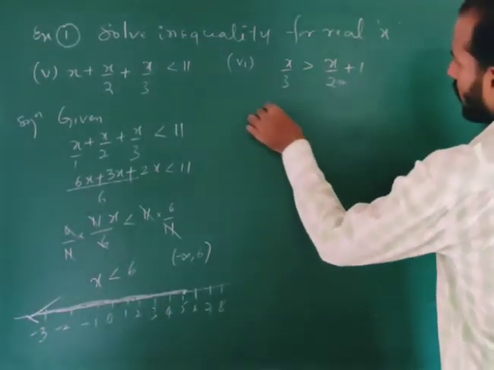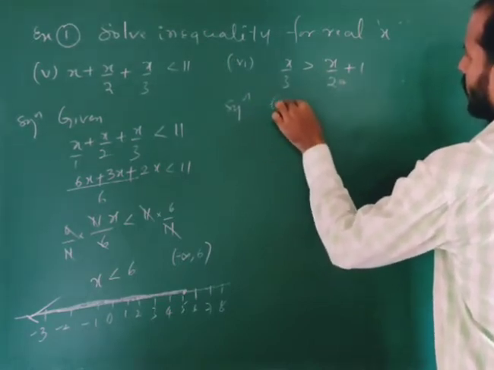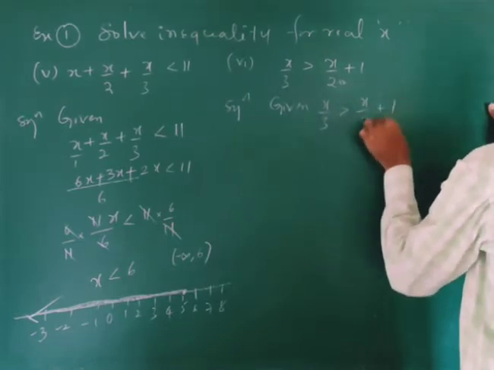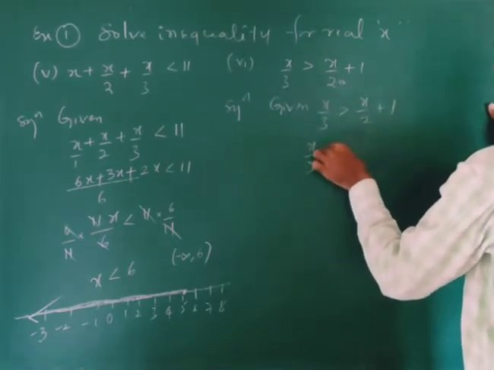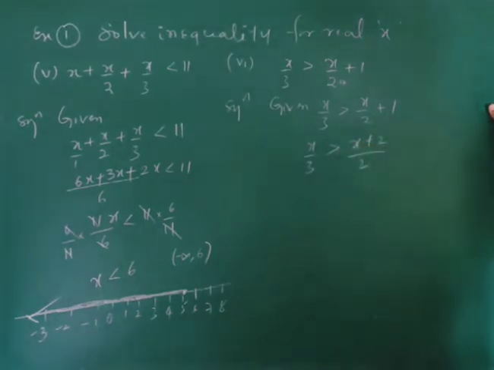Here also we take the cross multiplication solution. Given x by 3 is greater than x by 2 plus 1. x by 3 is greater than, cross multiply, what do we get? x plus 2 by 2 here, right?